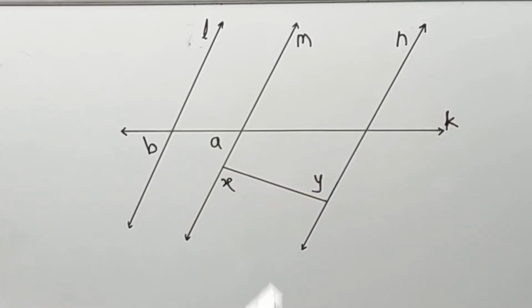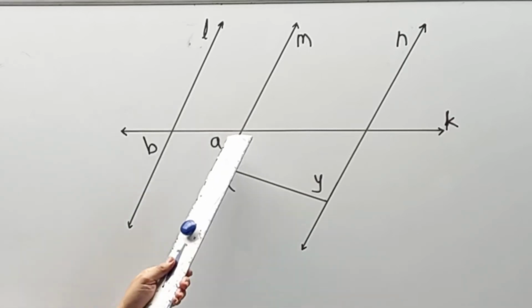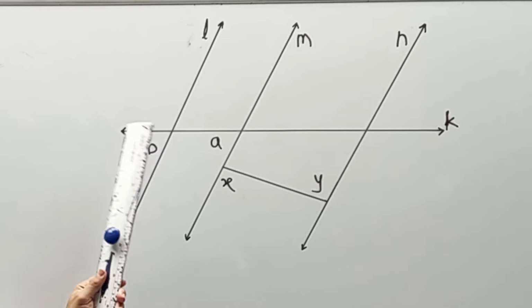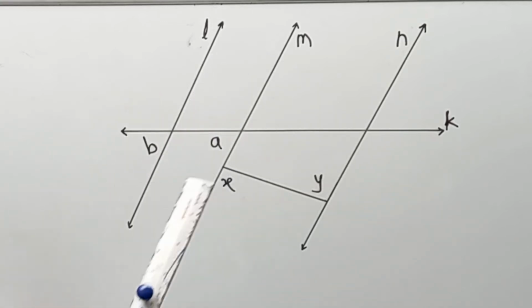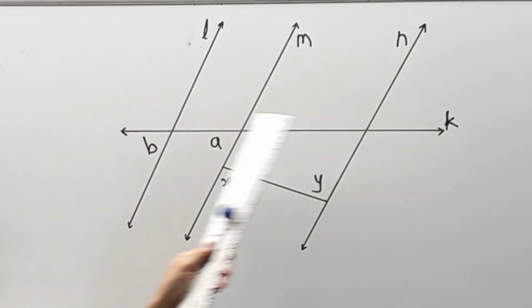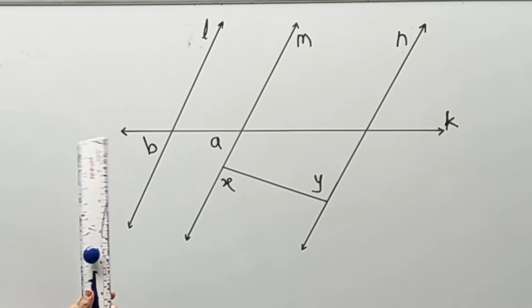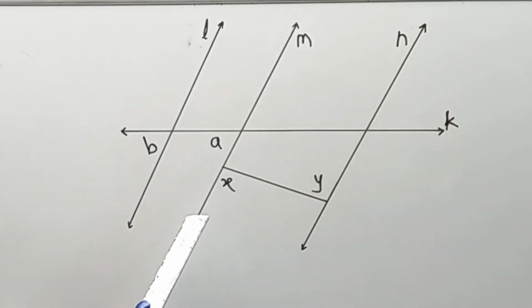As per their first condition, angle A is congruent to angle B. If angle A is congruent to angle B, automatically we can say that these look like corresponding angles. Naturally you can say that lines L and M are parallel and line K acts as a transversal. Means from the first group we can conclude that line L is parallel to line M.